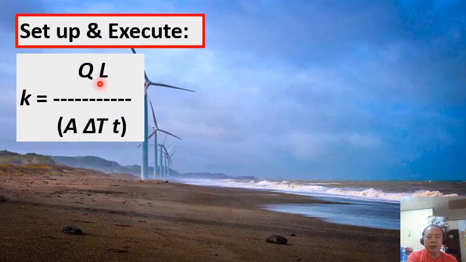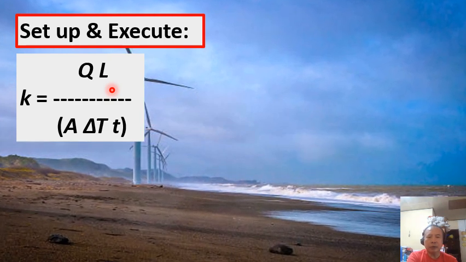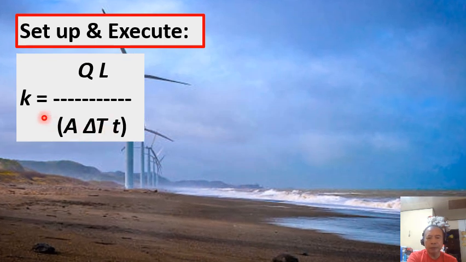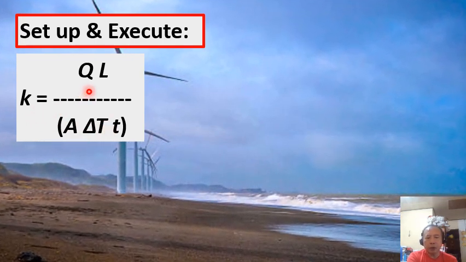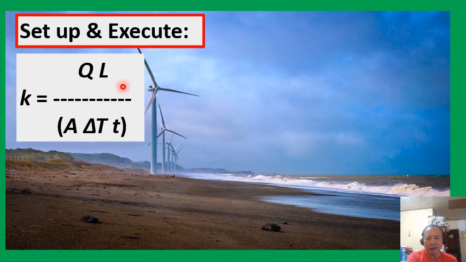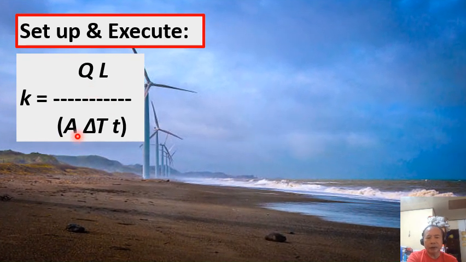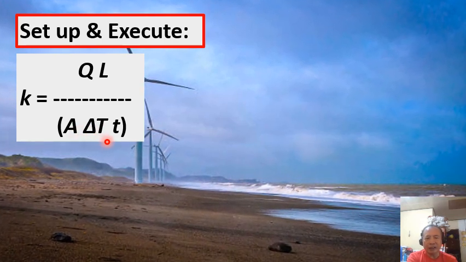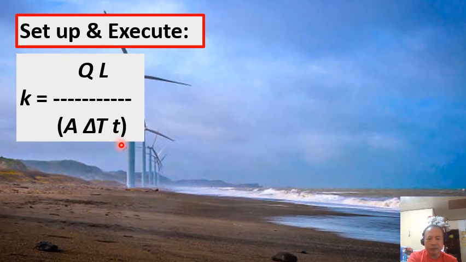We can now proceed in computing the thermal conductivity of the metal rod, denoted by the letter k, using the formula. k is equal to the product of Q and the length L divided by the product of the cross-sectional area A, the change in temperature delta T, and the period of time t.